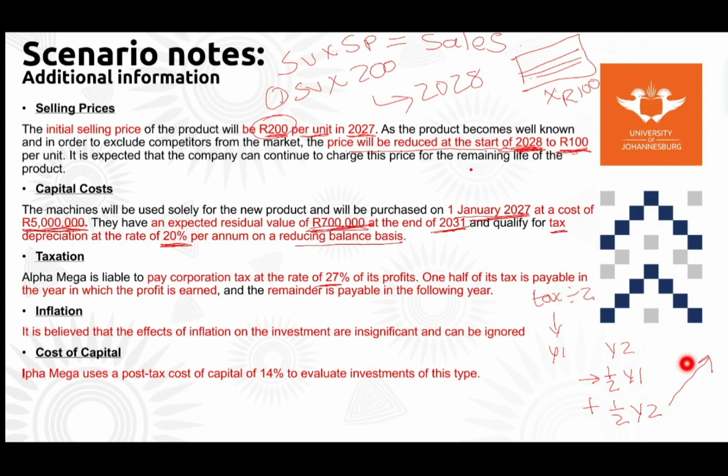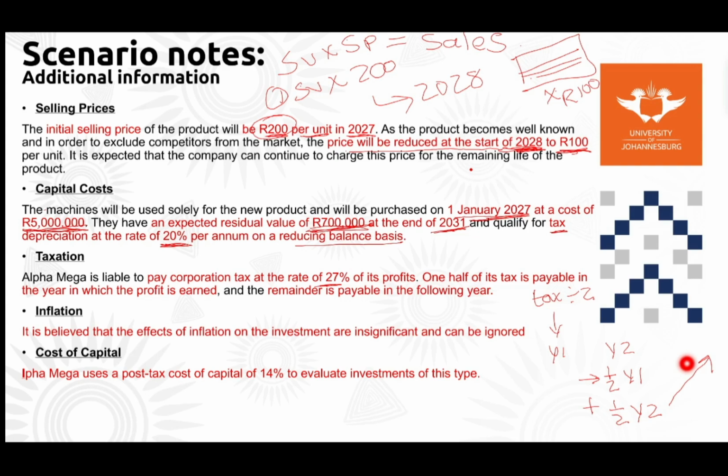Inflation. It is believed that the effects of inflation on investment are insignificant and can be ignored. So the inflation that they're talking about here that you can ignore is the inflation on your sales specifically, right? So you can ignore that. But the inflation that you had been introduced to in terms of the costs is what you have to use, right?